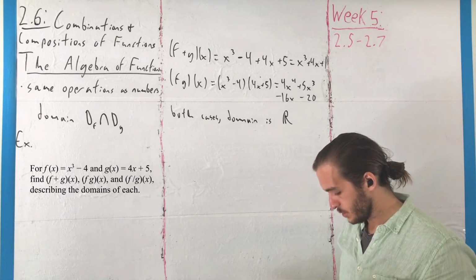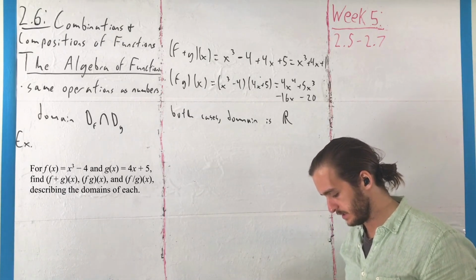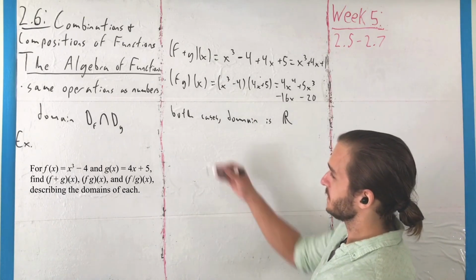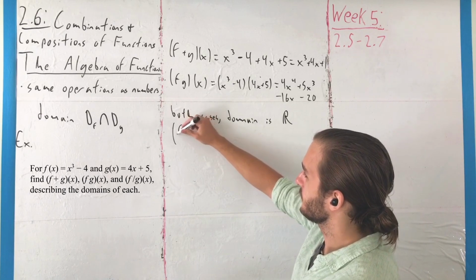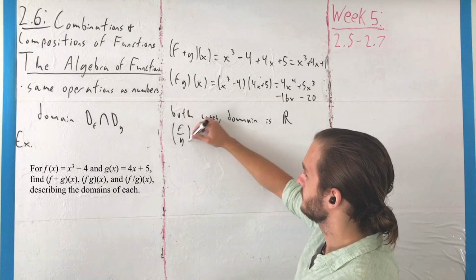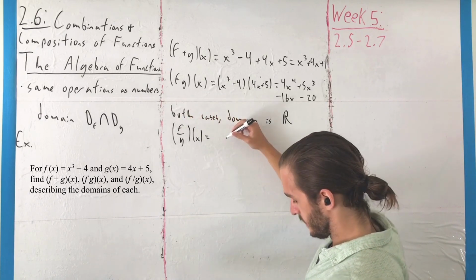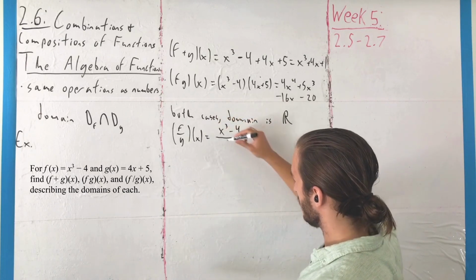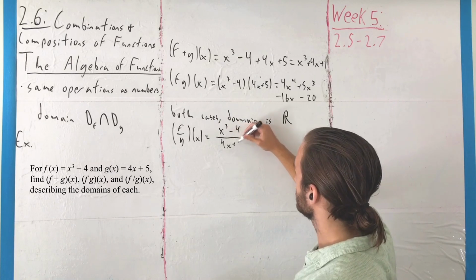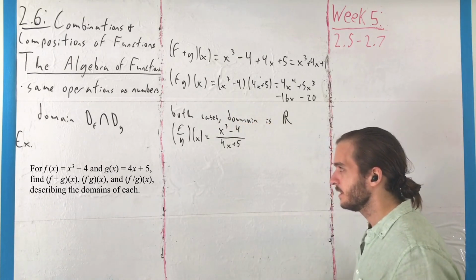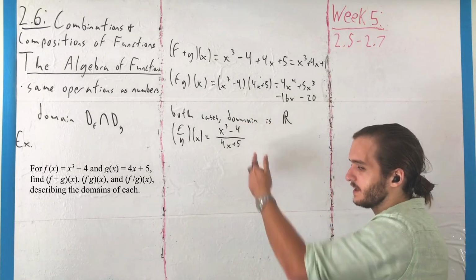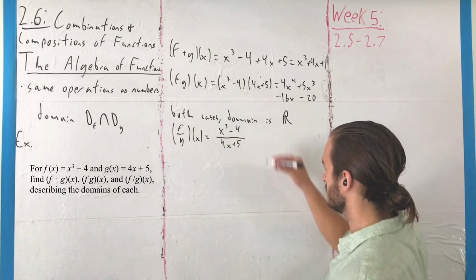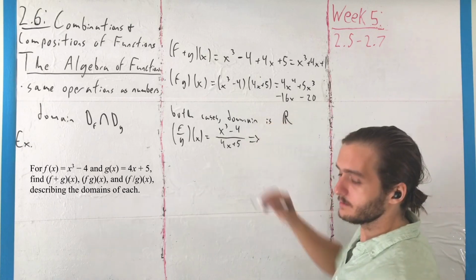In the last case, we're basically in the same way, well, just about in the same way, because there we have f over g of x. That ends up being x cubed minus 4 over 4x plus 5. And again, domain of this is everything, domain of that is everything, so we almost have everything, except we can't have that the bottom here is 0.